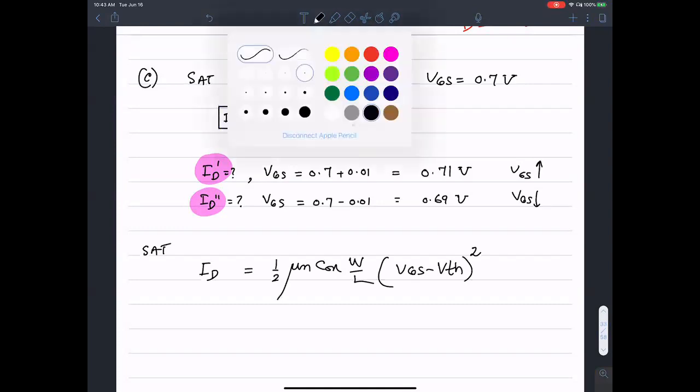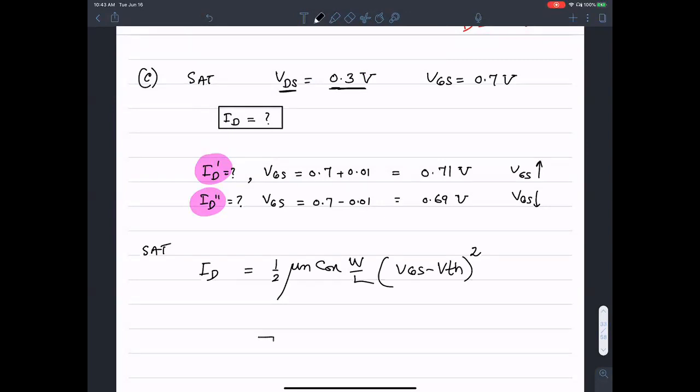Even without doing the math, how do you think ID compares with ID prime? ID prime is this one, where the VGS is higher than the nominal value given. So ID prime is going to be a little more than ID. Similarly, ID double dash versus ID.